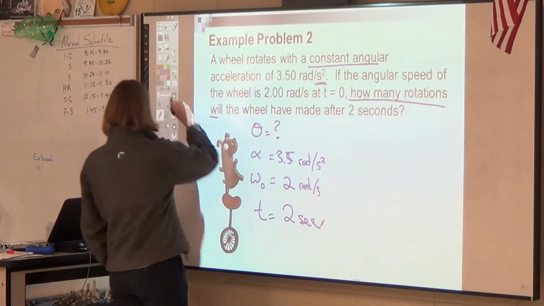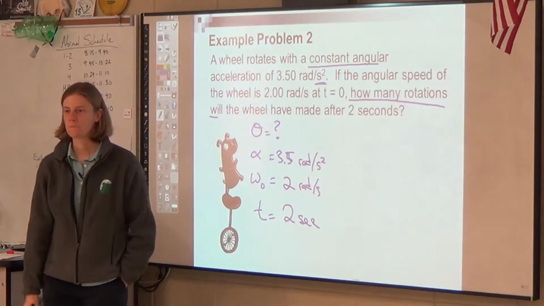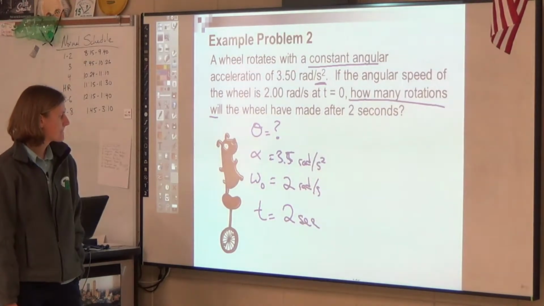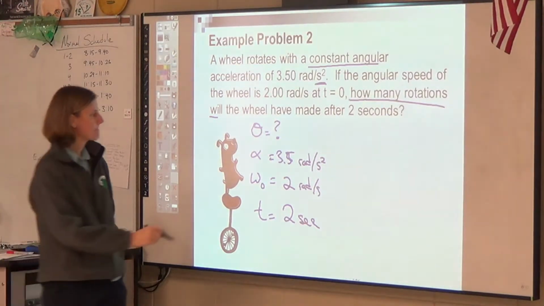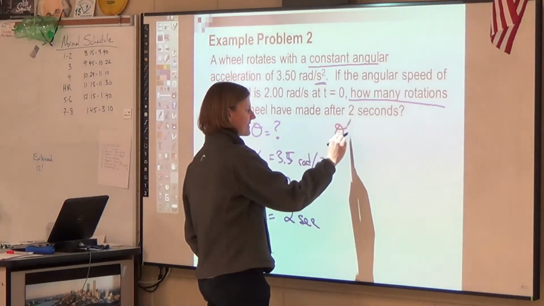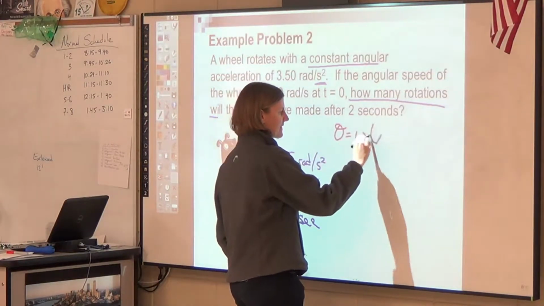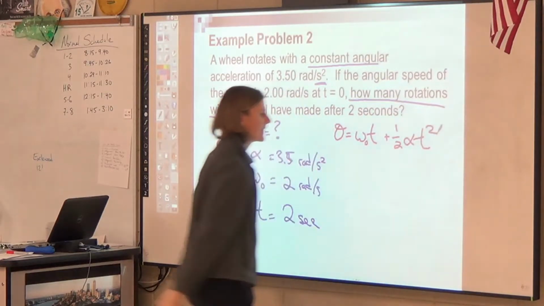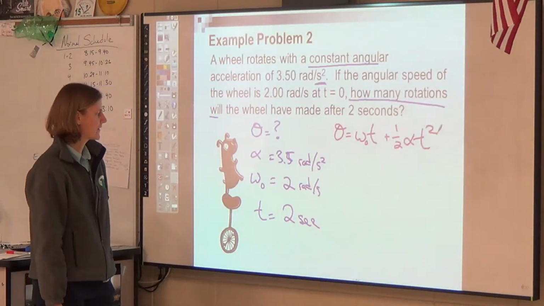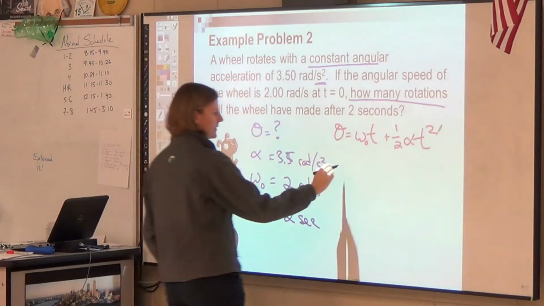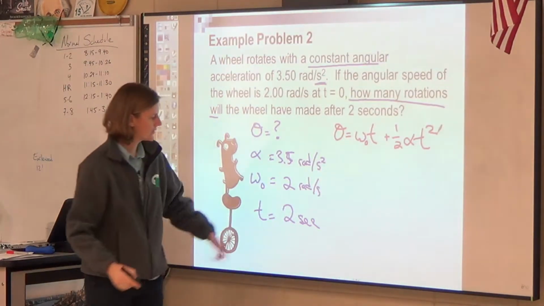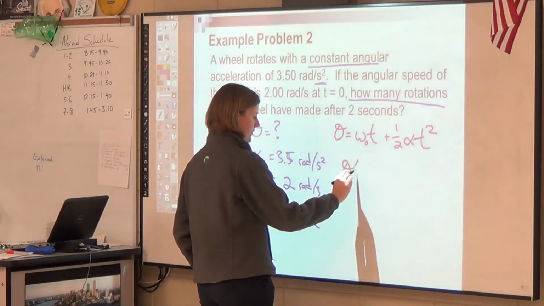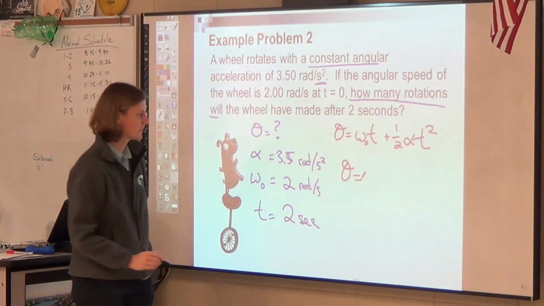All right. What kinematic? Theta equals omega naught t plus half of alpha t squared. Okay, that's got everything. Looks good. Do check your units. Okay, we've got radians. That's all good. Which just simply means my answer will be in radians.